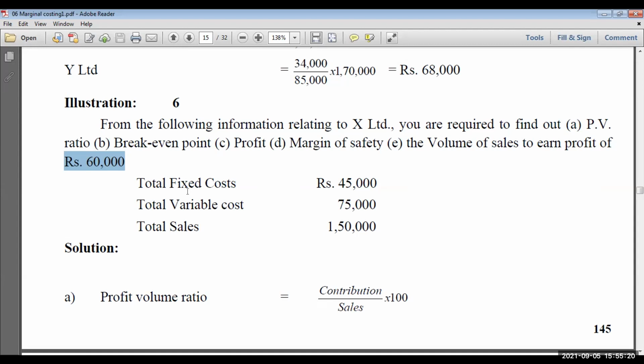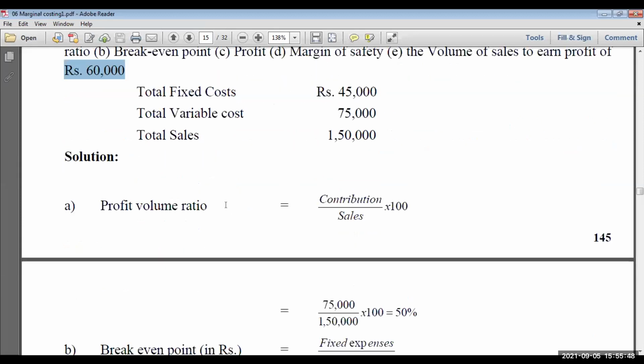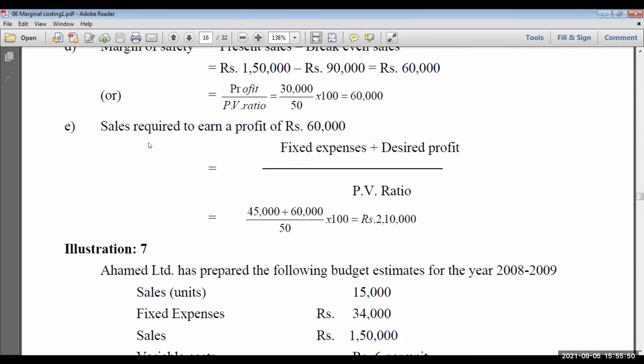Those who are not able to find it, if you have any doubt, I'll stop and explain to you. Yes, Professor, can you please explain it? Sales required to earn a profit of 60,000 is 2,10,000.